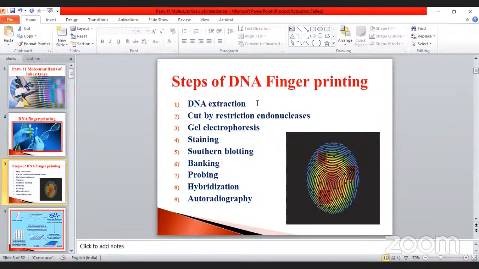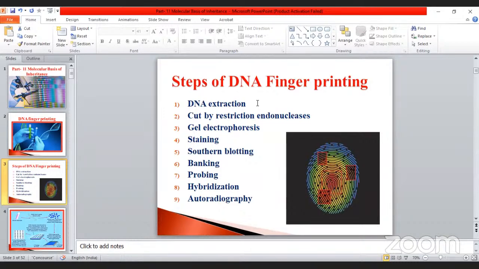After that, we have to cut the DNA into pieces because we need specific characteristics. For example, a disease resistance character is present in 100 nucleotides, so you have to cut out that particular piece.